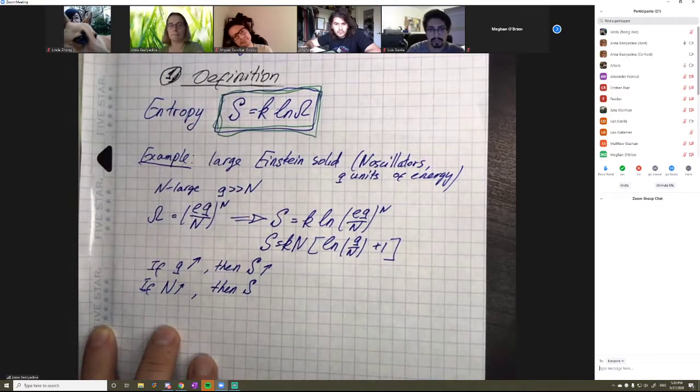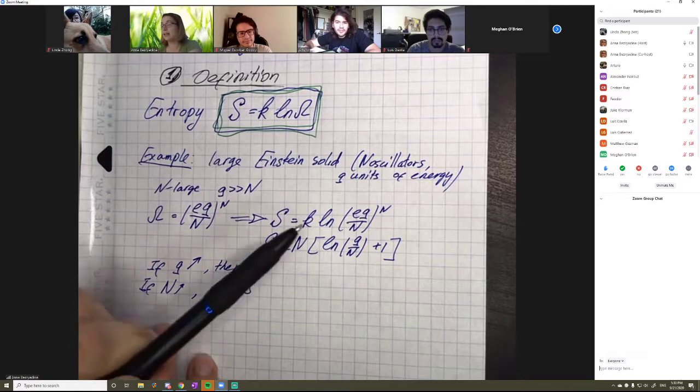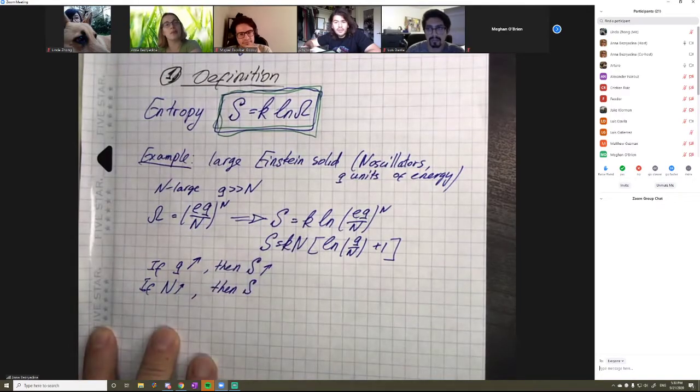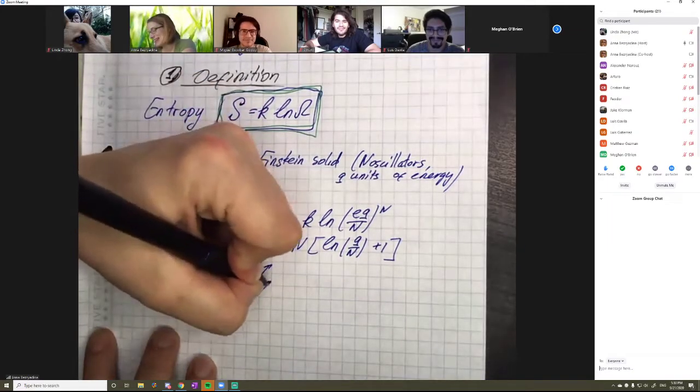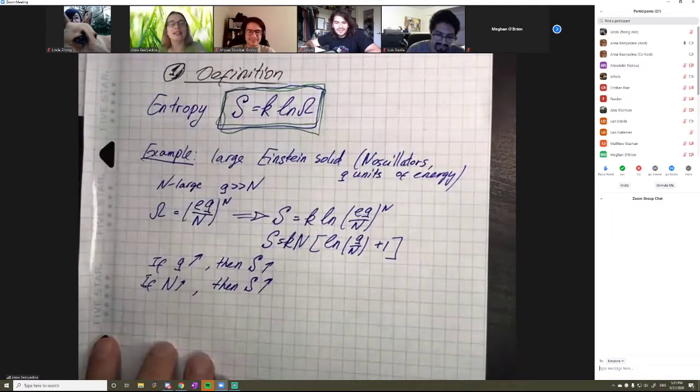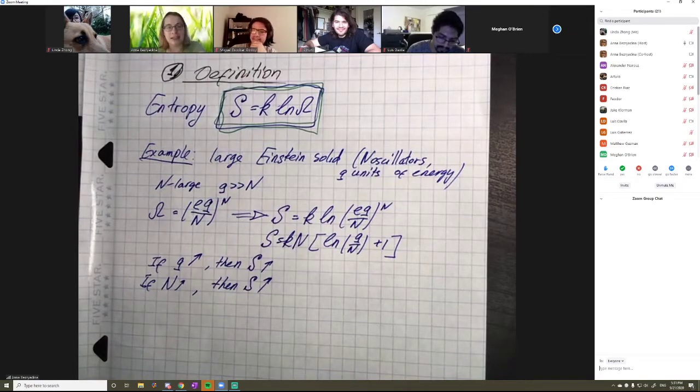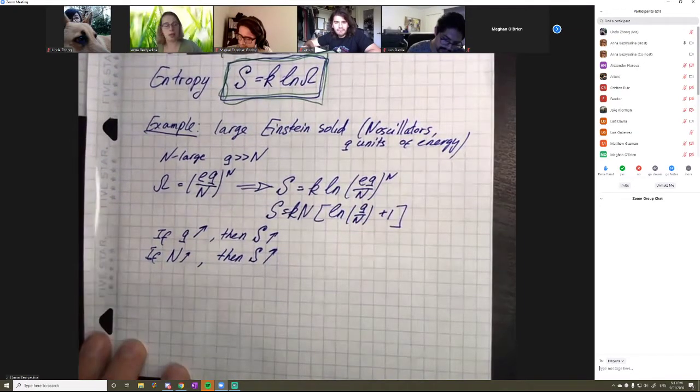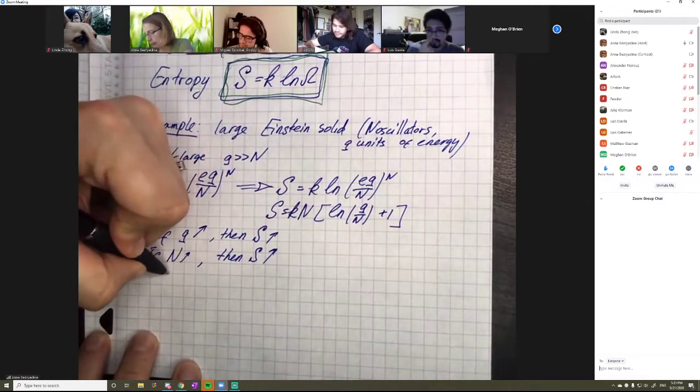Look carefully. Decrease? Increase too, because we also have N on top here. That's why I said carefully. I know it was a tricky one. So no matter whether we increase the energy or the number of oscillators, we increase the number of possibilities, and entropy increases.